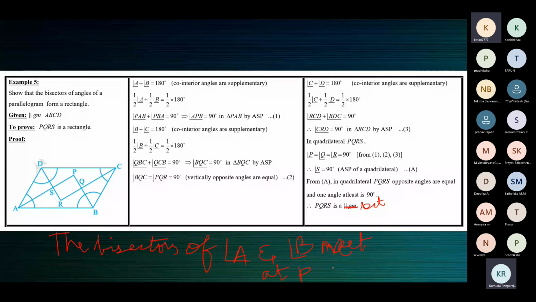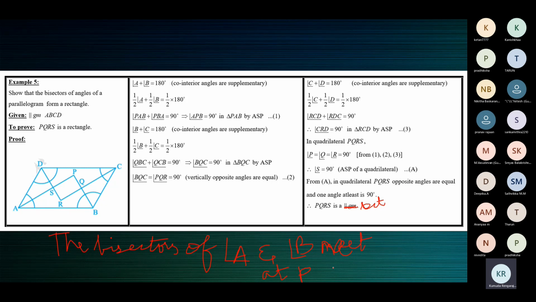Okay, now tell me the others. The bisectors of angle D and C meet at R, ma'am. Correct. Bisectors of angle A and D meet at S, ma'am. Correct. And bisectors of angle B and C meet at Q, ma'am. Perfect. You need to write all these 4 under given.